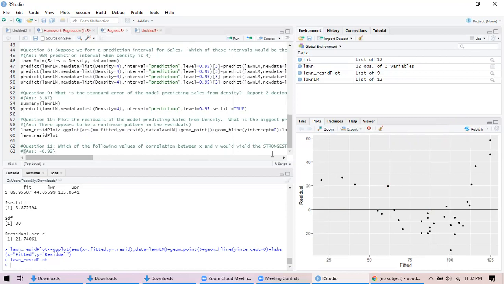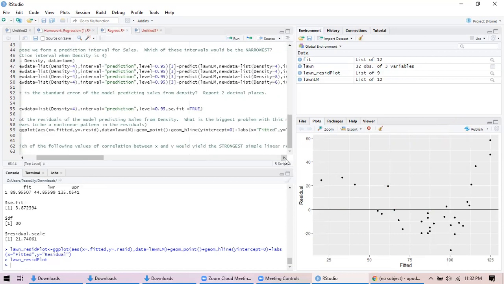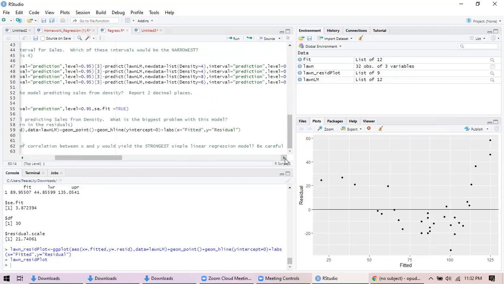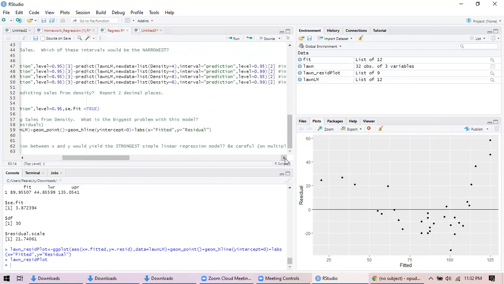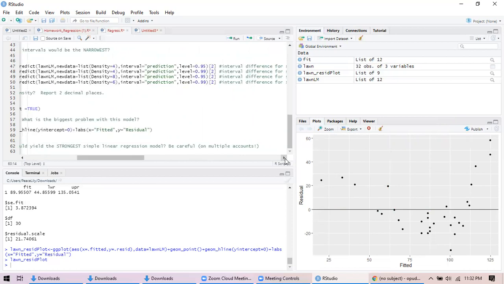The question is asking which of the following values of correlation between X and Y will yield the strongest simple linear model. Be careful on multiple terms. So simple linear model. Let's look at the choices for this one.